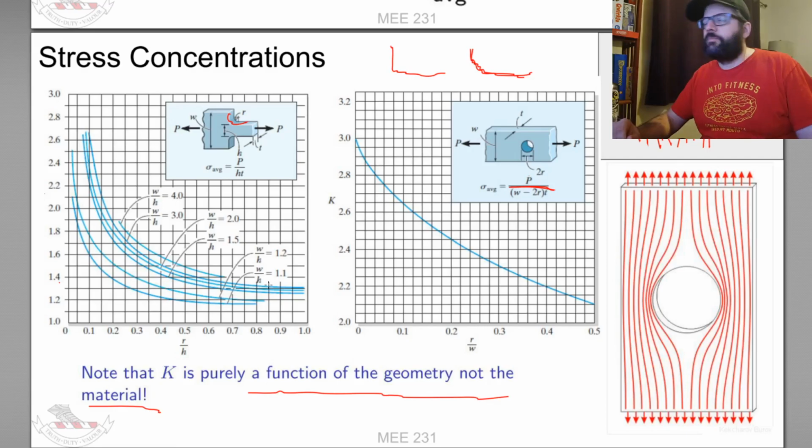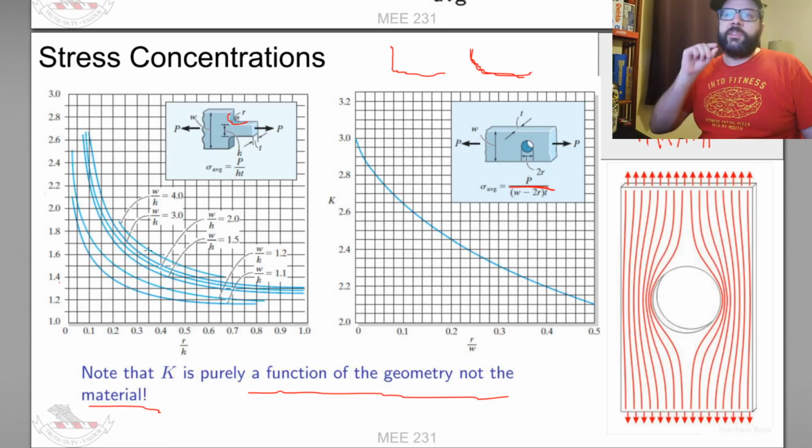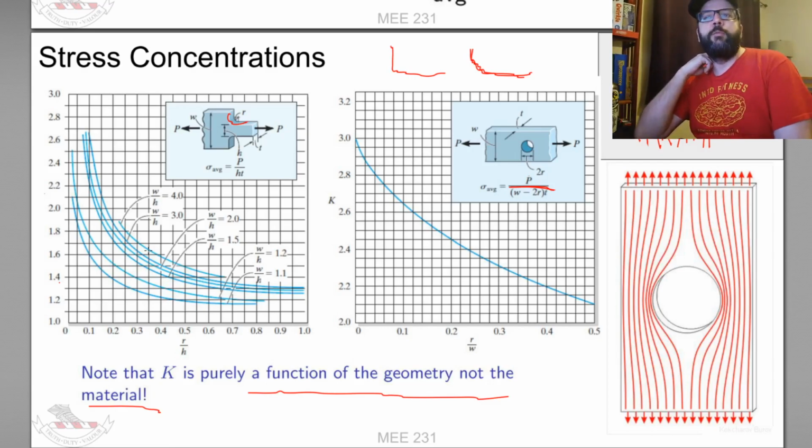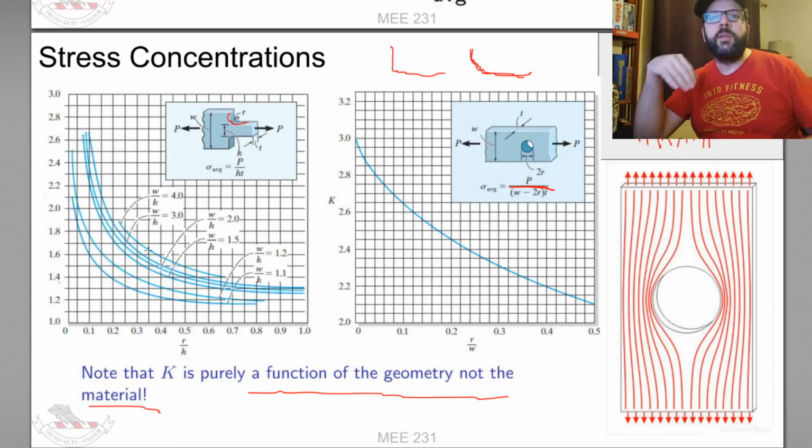So that's how we go about figuring out what the stress state is at the corner, at the very worst case scenario for your particular transition that's going on.